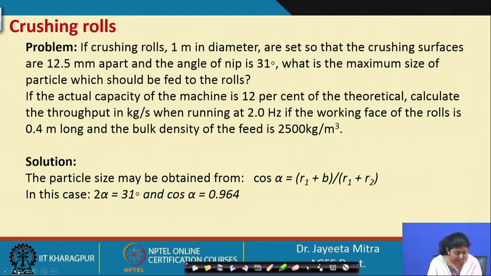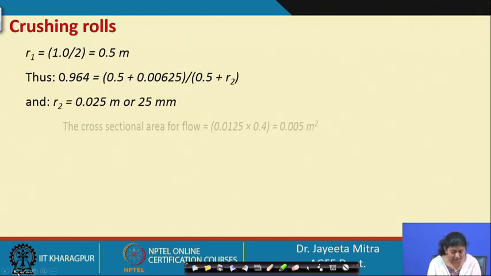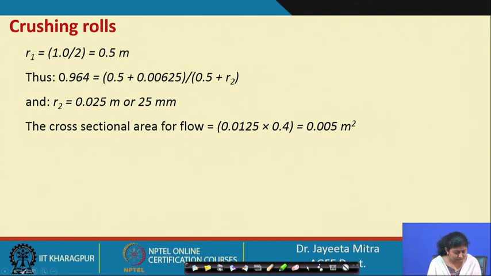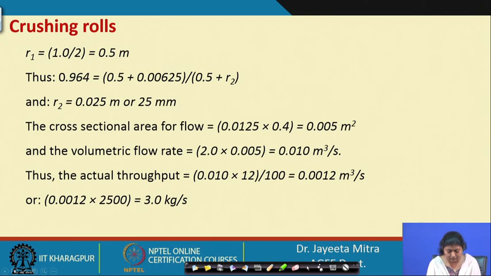So, we have calculated all the parameters that have been asked here. This is the frequency that has been given, this is the area. From that, the actual throughput will be 12% of that, and with multiplication by the bulk density, we get the actual throughput in kg per second.